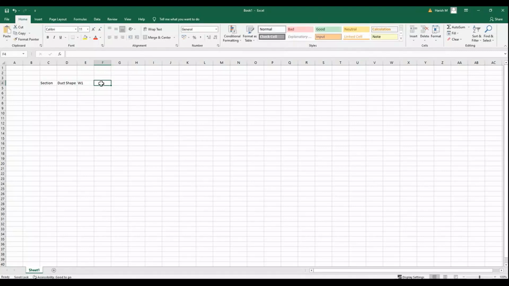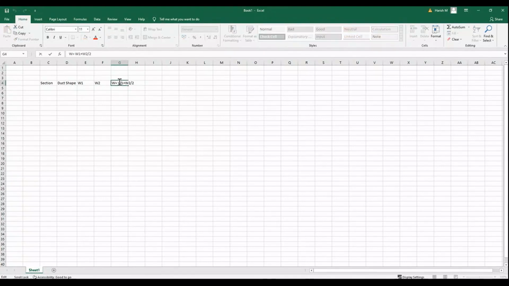So we'll take width 1, width 2, and average. Directly I'm taking it as the average. Width equals width 1 plus width 2 divided by 2.